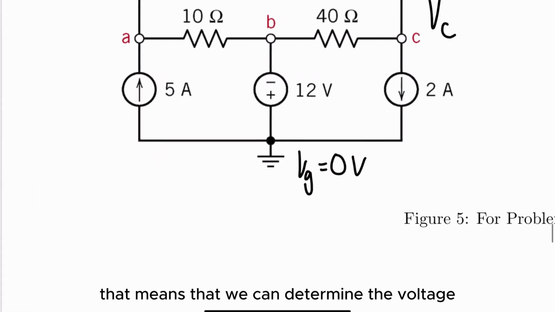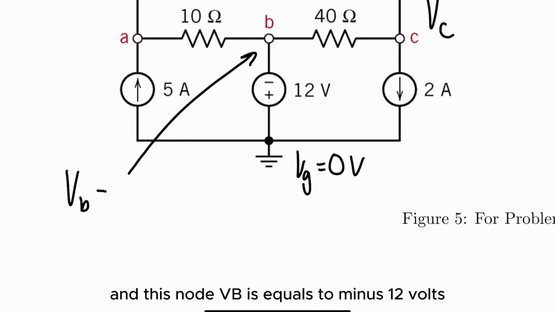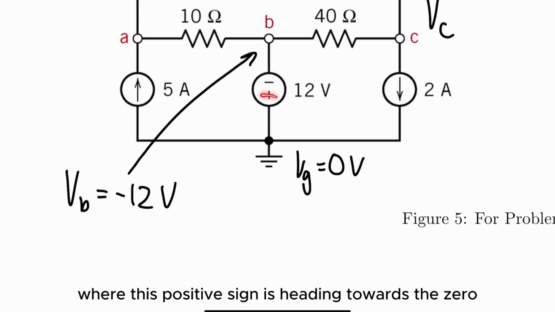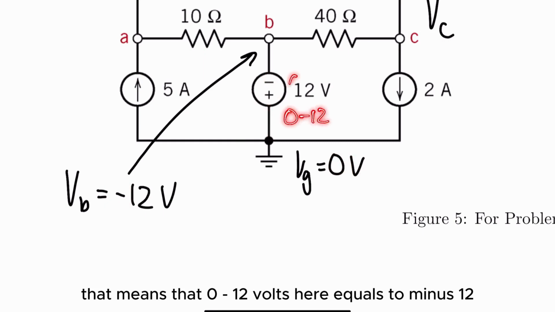That means that the voltage at this node, VB, equals minus 12 volts. The minus comes from the sign here, where this positive sign is heading towards the 0 volts. That means that 0 minus 12 volts equals minus 12.